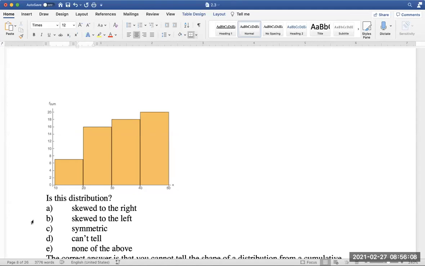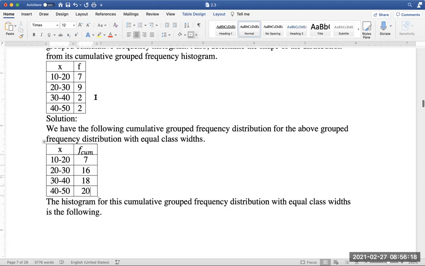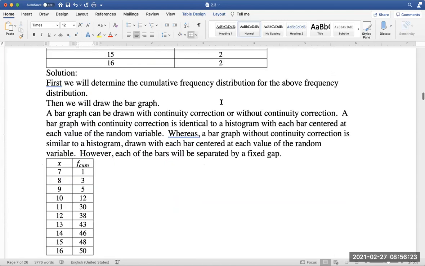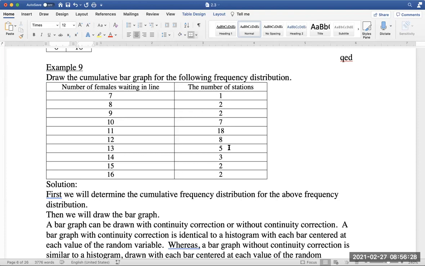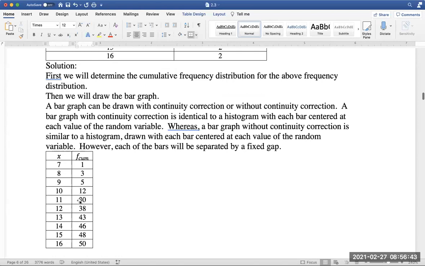Okay, so if you look here, I drew this. But remember, let's look at the previous example. When I drew the cumulative frequency histogram for this, remember this is symmetric data, a nice symmetric graph. But when we drew its histogram for the cumulative frequency, it looked like this.